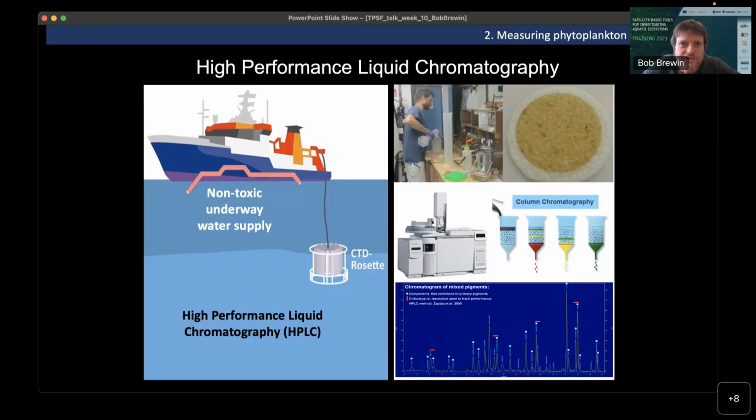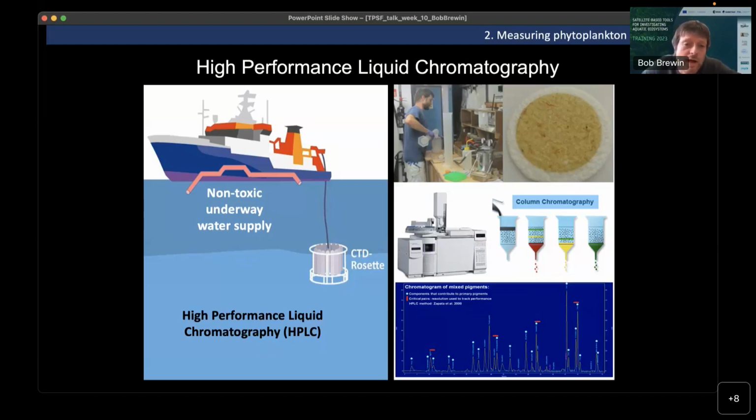You typically flash freeze it in liquid nitrogen, put it in the -80 freezer, and then when you have the time, you can take that sample out, you can put it in some chemicals to extract the pigments, and then use column chromatography in order to separate out those pigments and measure them using high performance liquid chromatography.